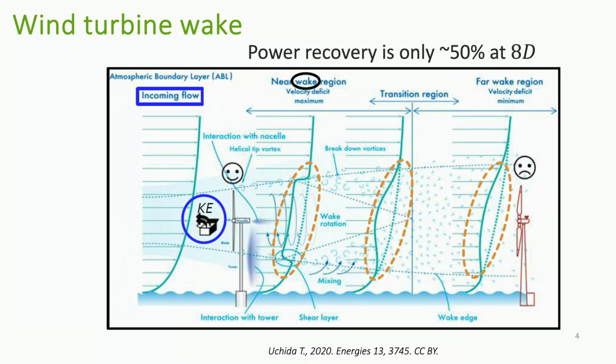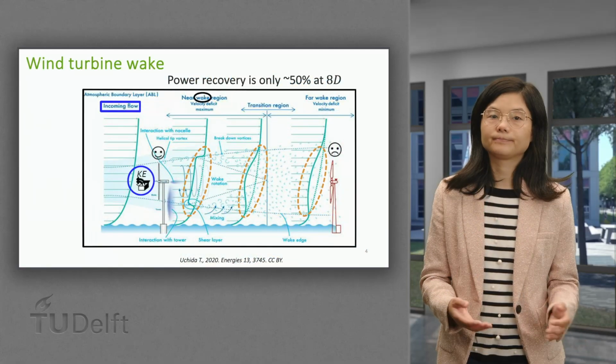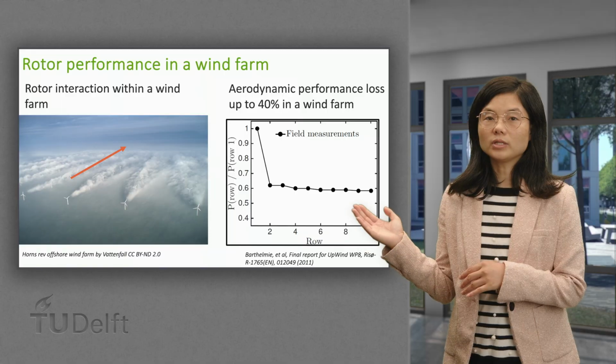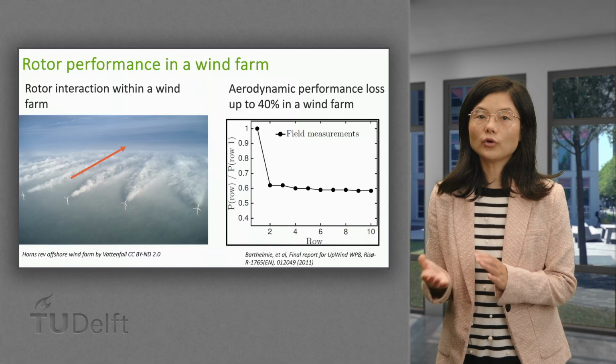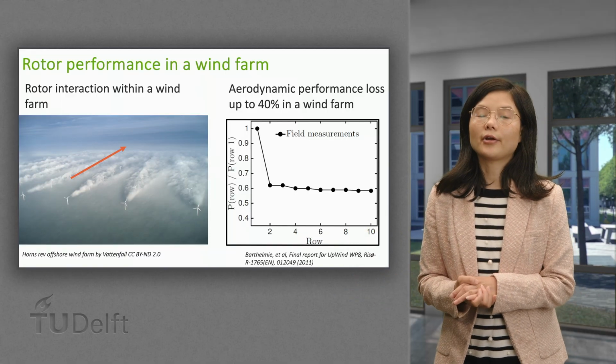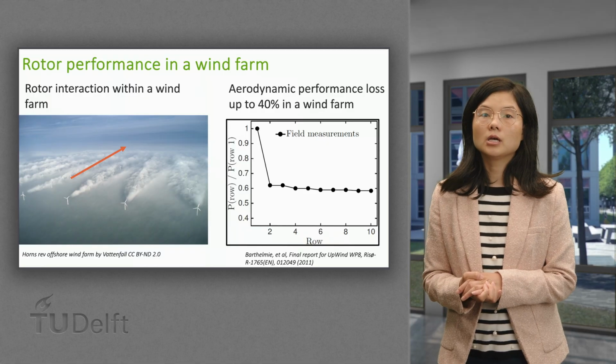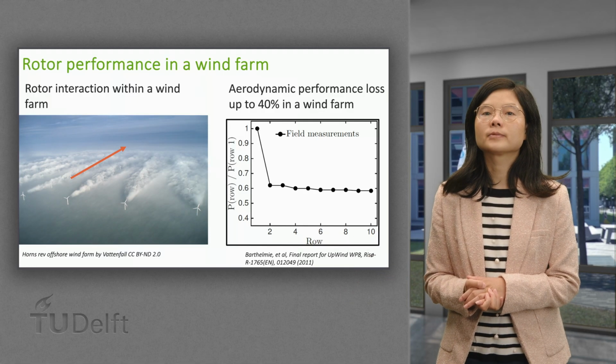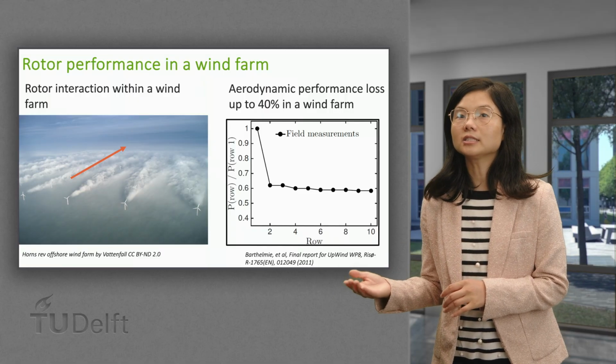Given that turbines in a wind farm are typically spaced 4 to 10 rotor diameters apart, many of them will inevitably operate in the wake of upstream turbines. In fact, studies have shown that the wind farm can suffer up to 40% reduction in aerodynamic performance caused by the wake effect compared to the first-row turbine operating in the undisturbed flow.